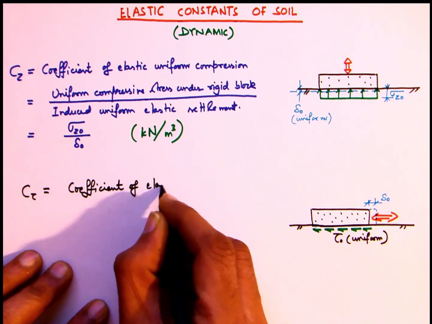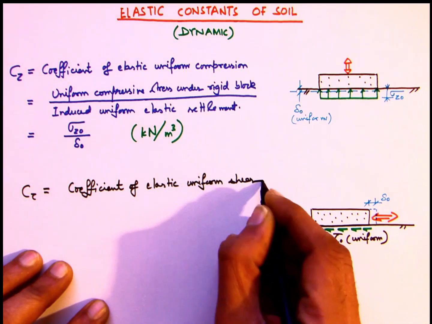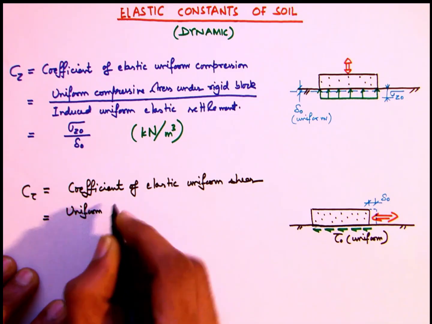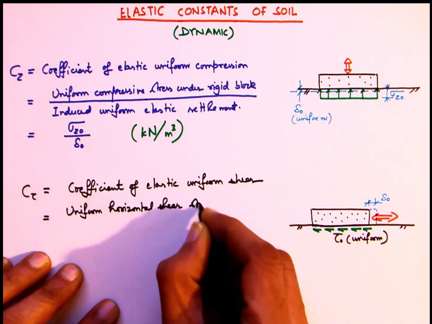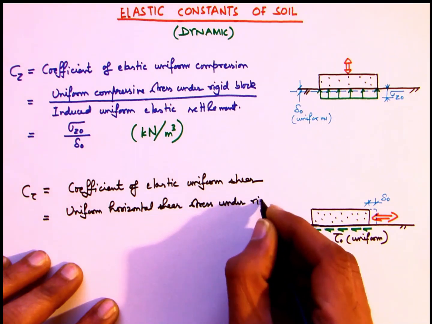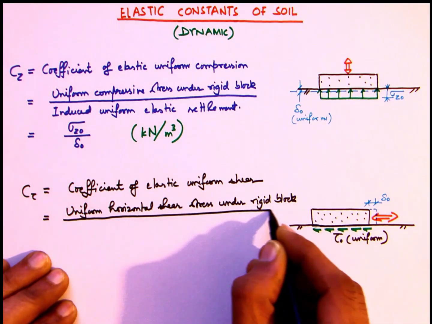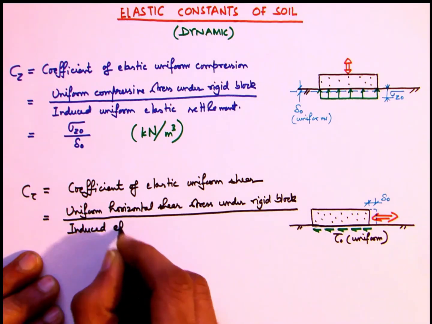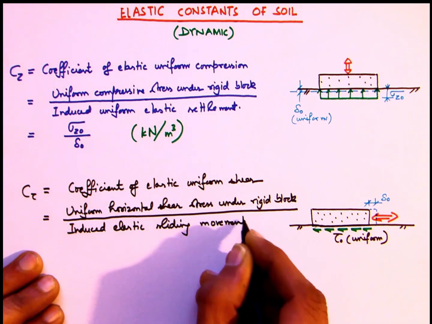as the ratio of the uniform horizontal shear stress acting at the interface of the soil and block to the induced elastic horizontal displacement, which is owing to sliding movement.